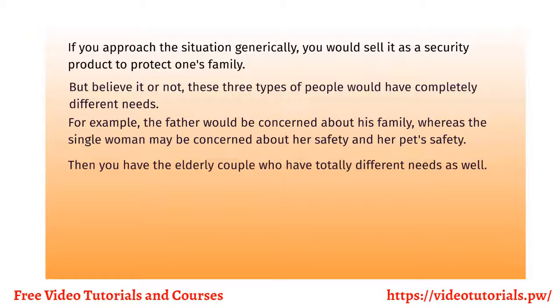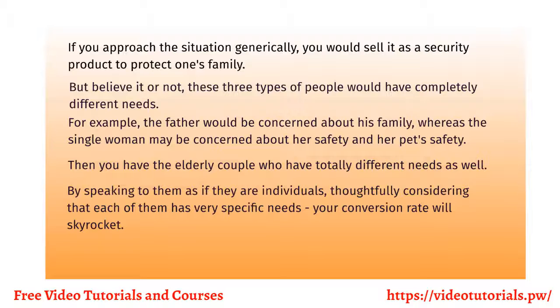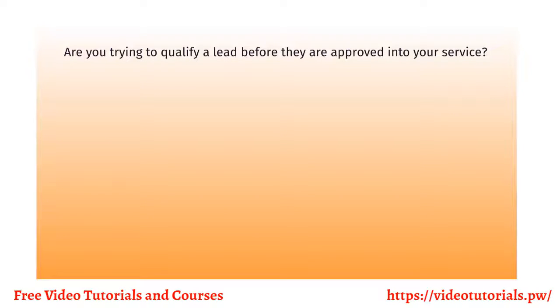Then you have the elderly couple, who have totally different needs as well. By speaking to them as individuals, thoughtfully considering that each of them has very specific needs, your conversion rate will skyrocket, right? Because if you're talking to the father, you're saying, hey, if you're a father, or hey, if you're a single woman, or hey, if you're an elderly couple, they're going to resonate with that, right?